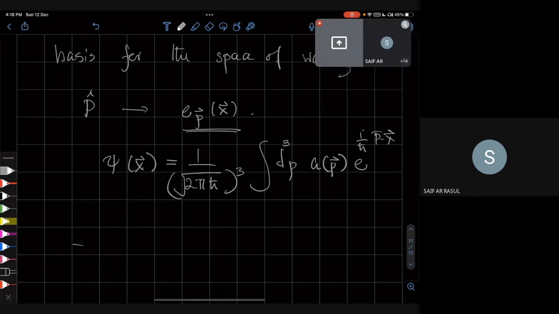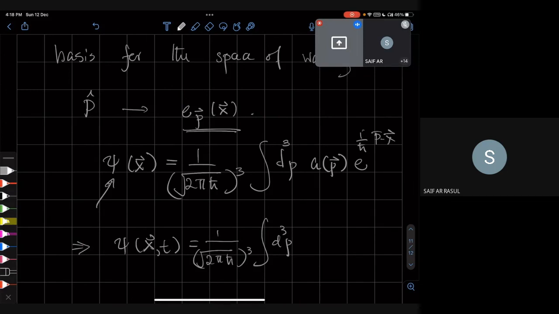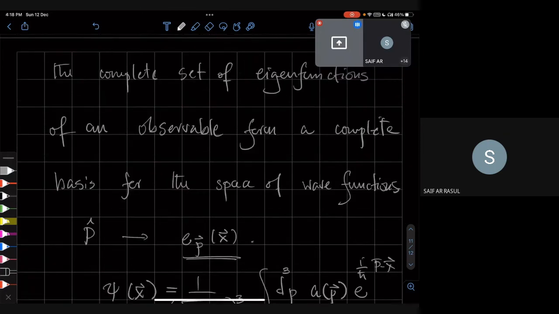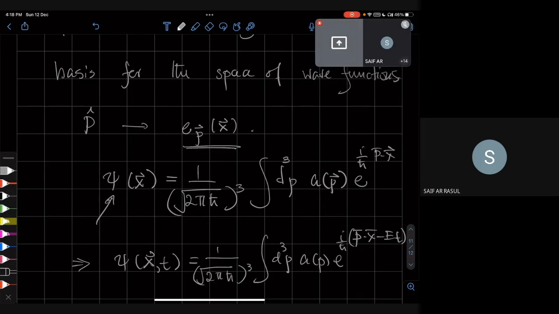This meant that at a later time, this would be given by e to the power i by h bar (p dot x minus Et). I'll come to this in more detail later. Here we are using this axiom, or mathematical fact, that the complete set of eigenstates of the momentum operator gives you a basis for the whole space of wave functions, so any wave function can be expressed as a linear combination.